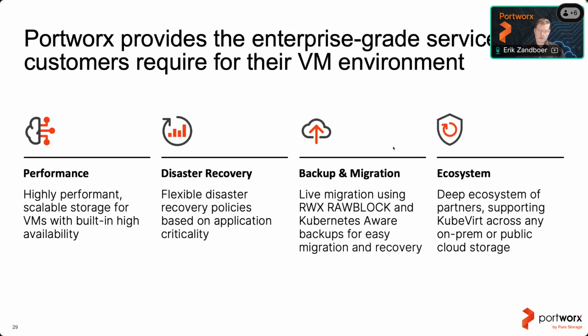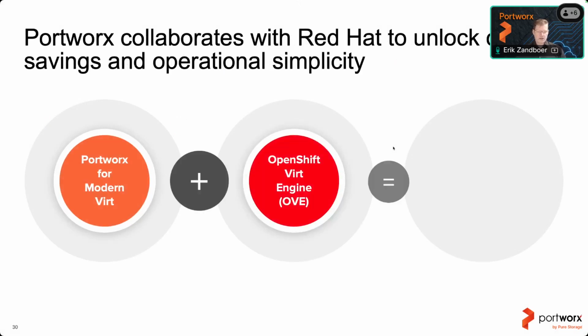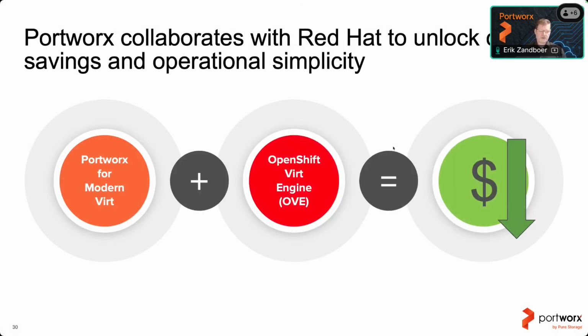For example, Red Hat. We work a lot together with Red Hat because most of the larger customers choose Red Hat OpenShift as the Kubernetes platform that they're using. And as a result, we came up with this. From Portworx, we have special licenses, the Portworx for Modern Virtualization licenses. They cost about half of a regular Portworx Enterprise license, plus they feature DR as well.